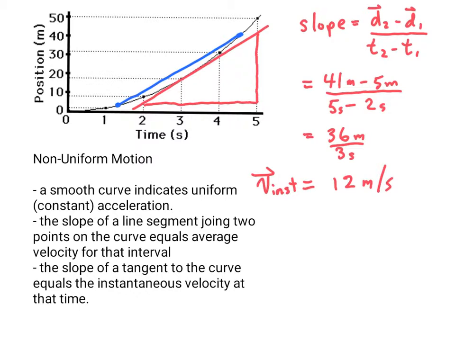And that's in the positive direction. So if we assume that positive is north, then that means the direction of our instantaneous velocity is north, because the slope we got was positive.